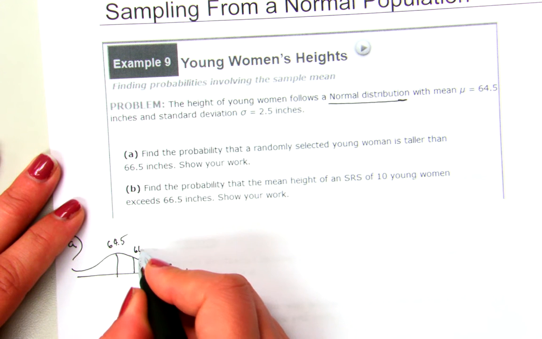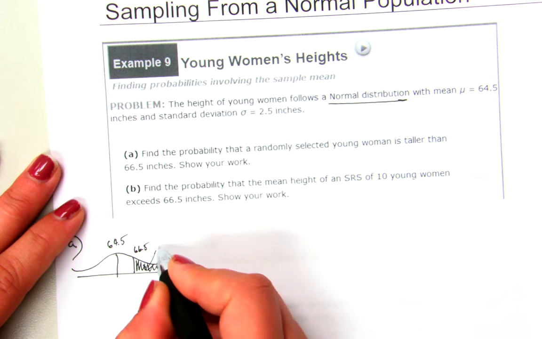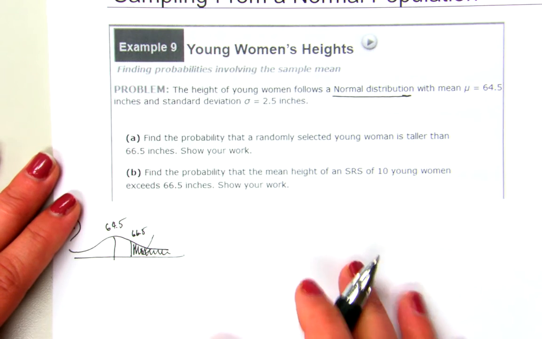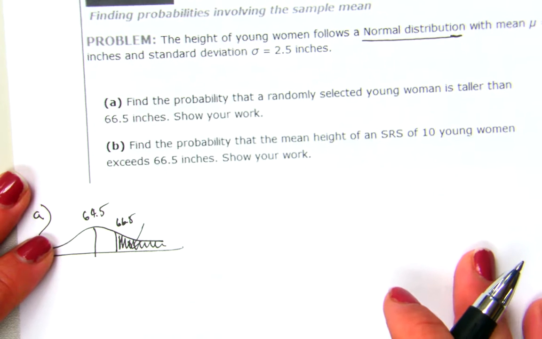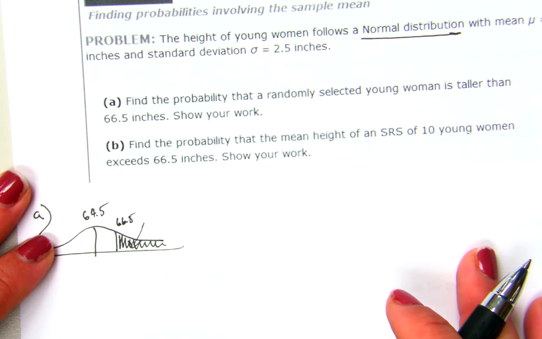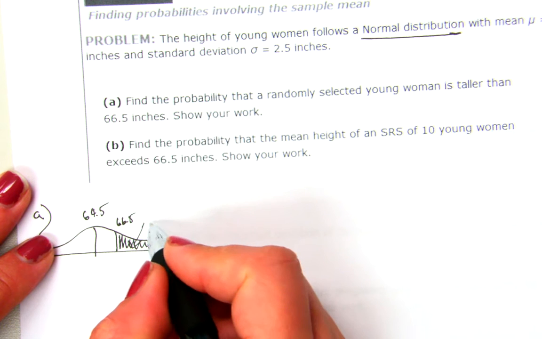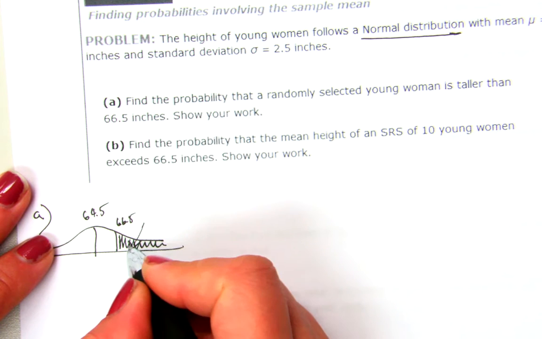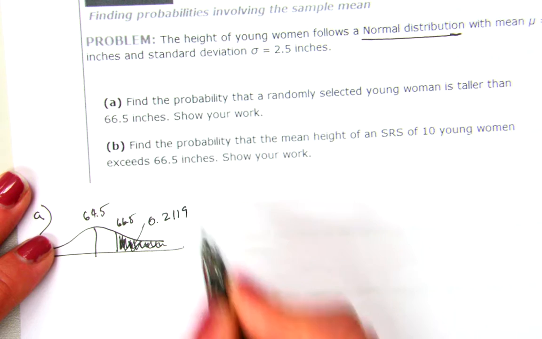So this is 66.5 inches. We want that probability. I'm not going to bore you with this. You should be able to figure out by now how to do that. If you're doing it correctly with your z-table, you should get a probability of 0.2119.